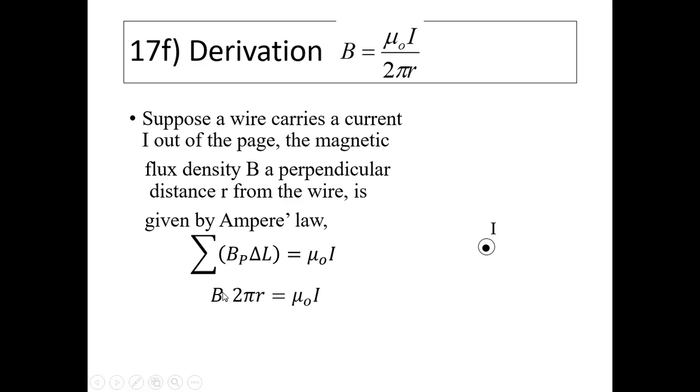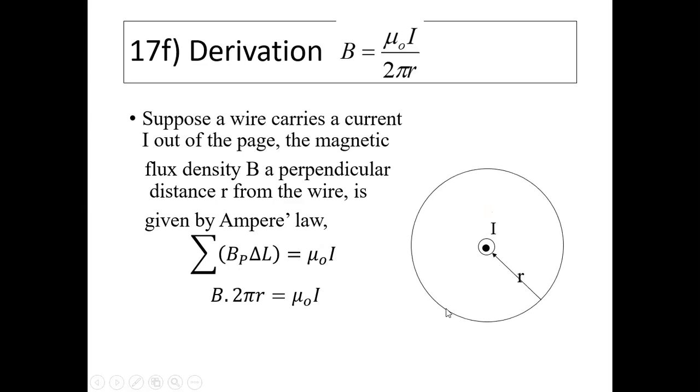In this case, your B, remember we say it is circular around that. So your delta L, you sum it up, it will be circular also. So it's 2 pi r, that's your length, parallel to the field. Then what is enclosed is your current I from the wire.